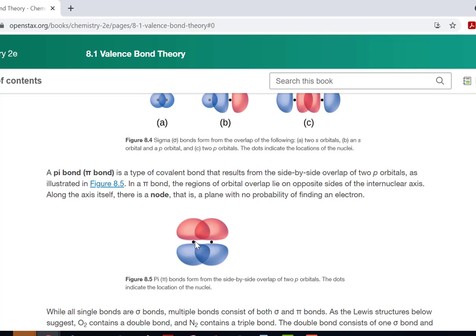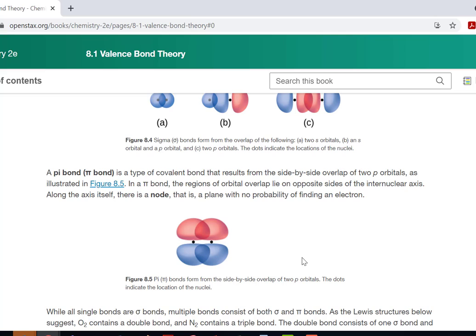If we imagine two atoms that are fairly close together, and we imagine that each one of those has p orbitals that maybe start out with a single electron. If we get them close enough, those p orbitals will overlap. And again, the similar sign, so the reds together up here, blues together down here.